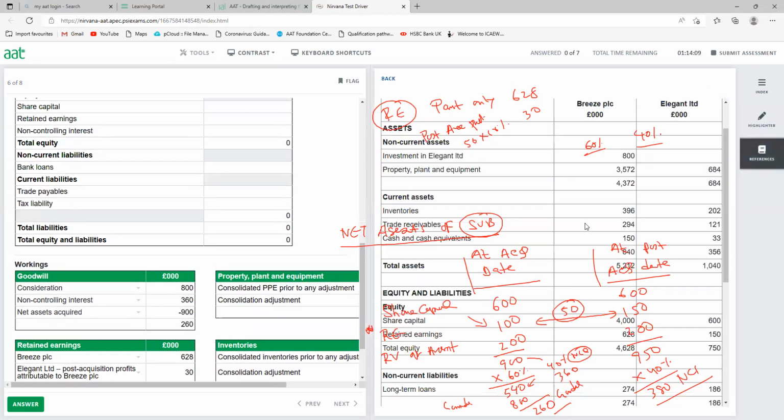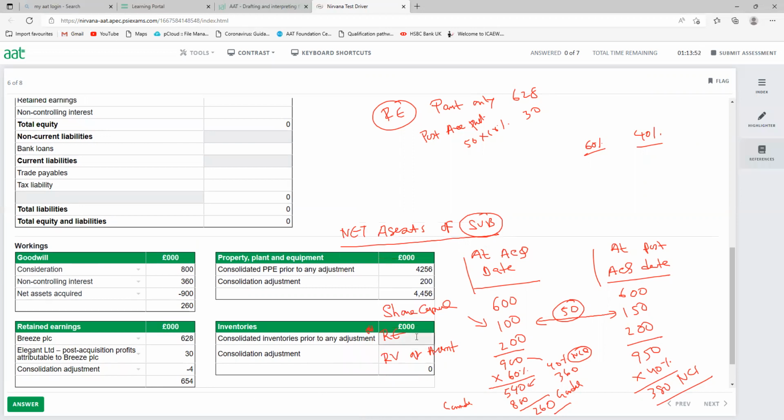So we have 396 plus 202, that gives me 598. So 598. And the consolidation adjustment, you have to minus the 4 because some profit is included here. That's it, 594. So more or less, this is our story of our workings.